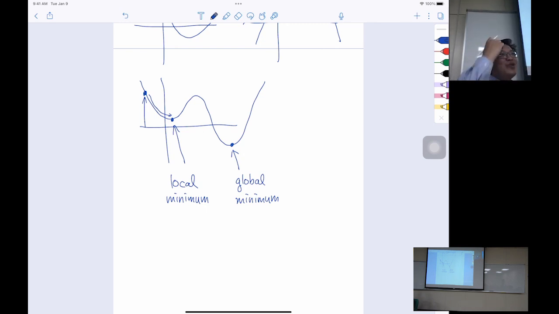So easy. But in real life, it has a lot of limitations. So sometimes people try to avoid local minimum by making multiple initial guesses.